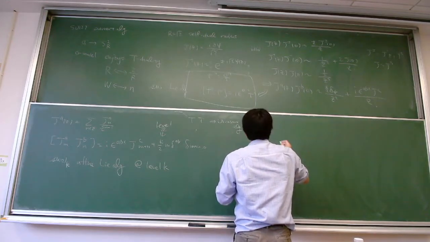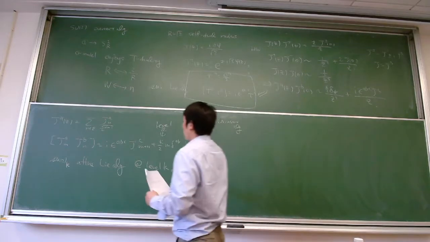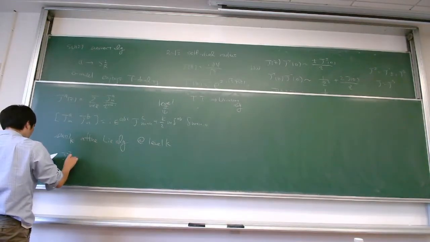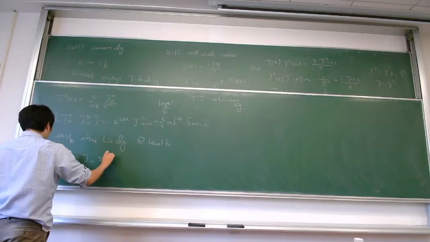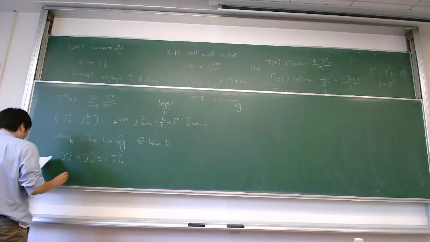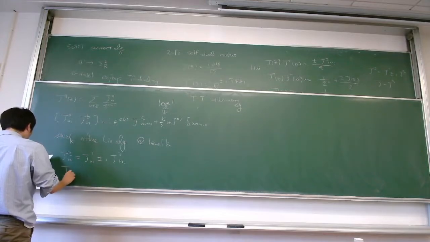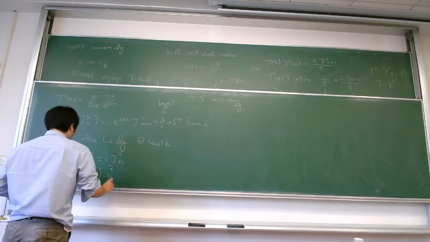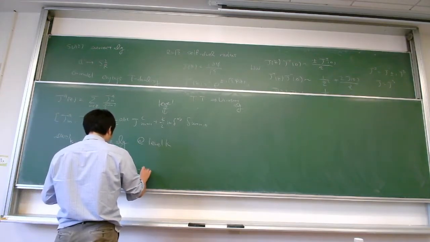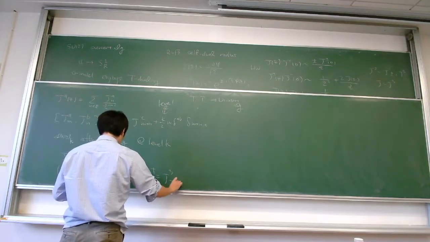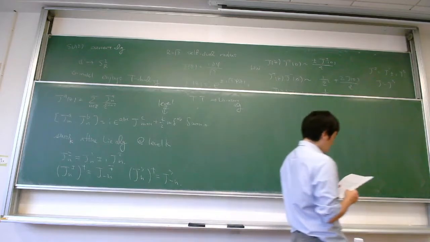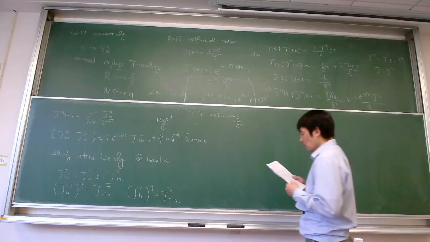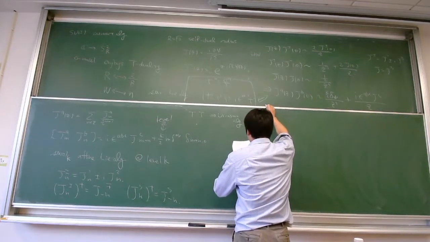So we introduce the mode expansion, and then we go back to the plus-minus notation. J plus-minus n is J1n plus-minus i J2n. We impose the Hermitian conjugate condition, where the conjugate of J plus n is J minus minus n.